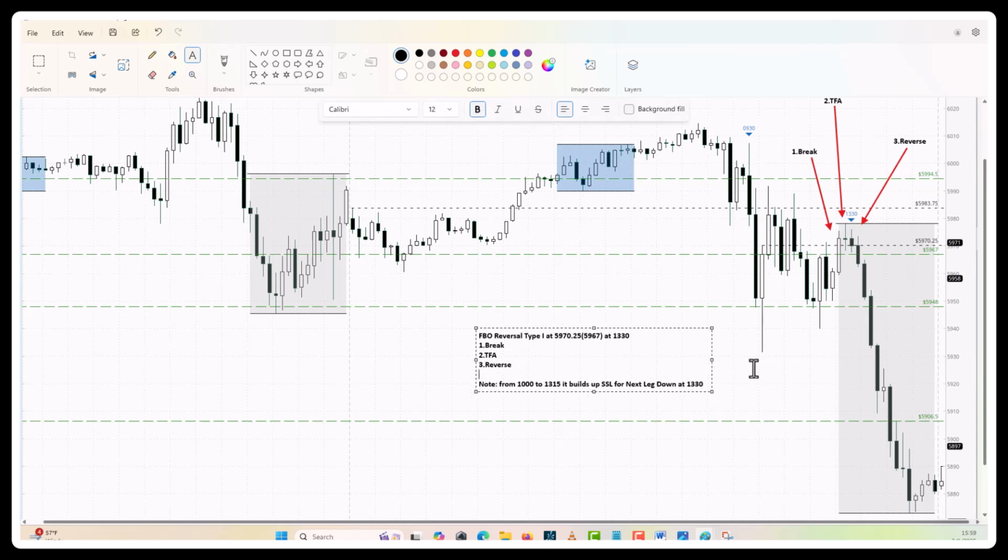Yep, very beautiful. See that? You could not ask for a better setup than this. And you see the giant right here at 10. It just built up the sell side liquidity right there. It never touched the low of this guy. But boom.